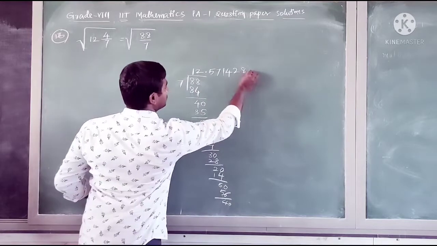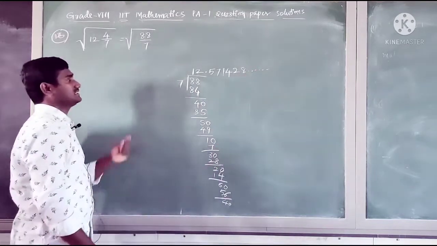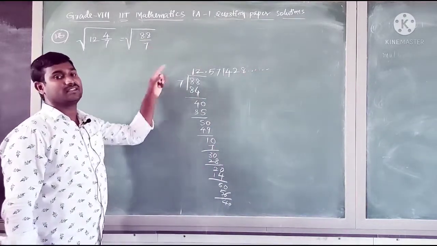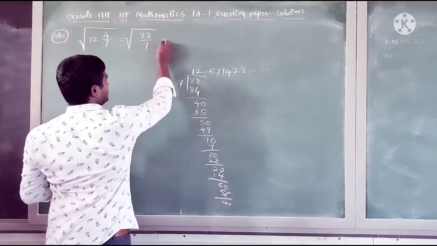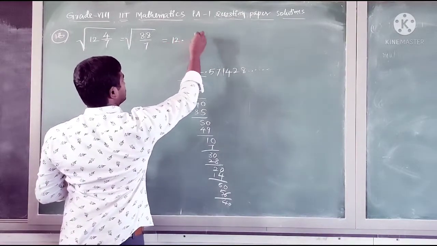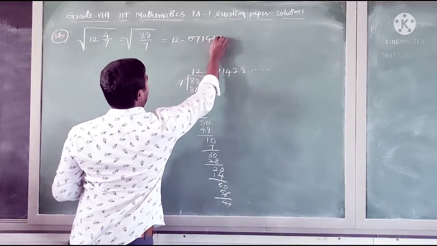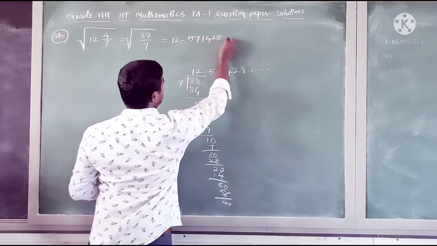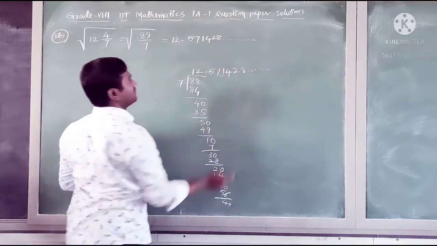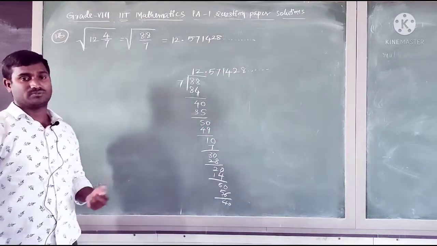So it will continuously repeat. This is a non-terminating and repeating decimal expansion, which we can write as 12.571428 bar. So 571428 is what will repeat, 571428, 571428.